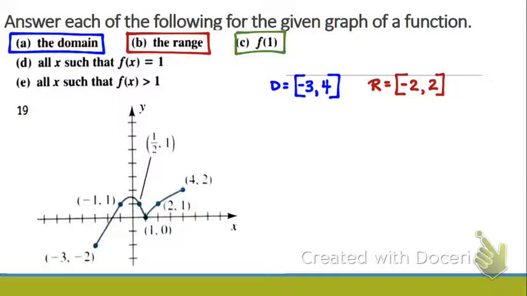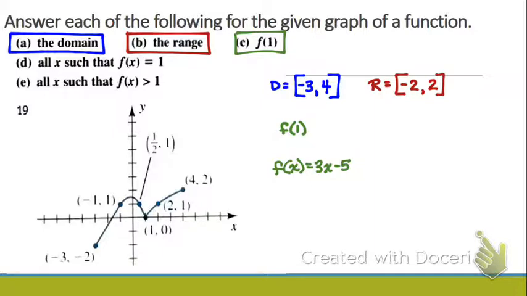Part C. F of 1. If I gave you a function rule, pretend for just a minute that I said f of x is 3x minus 5. What would you do if you saw something that looked like this?